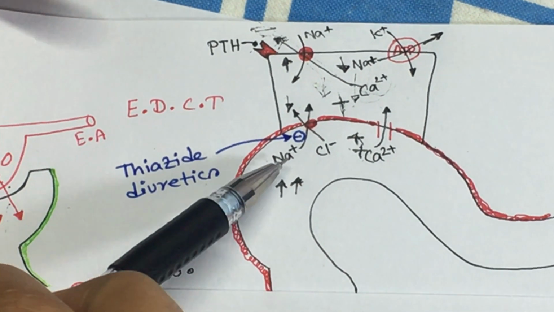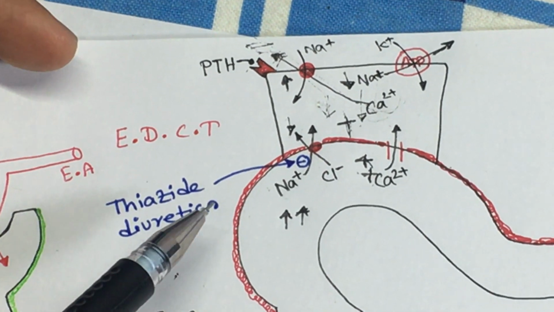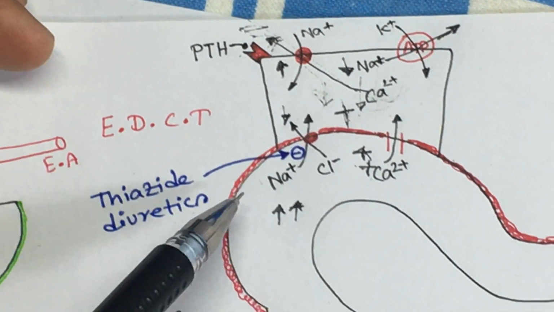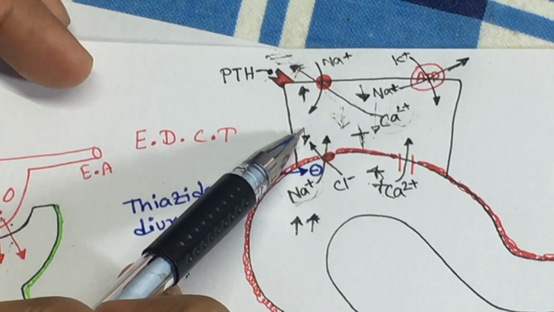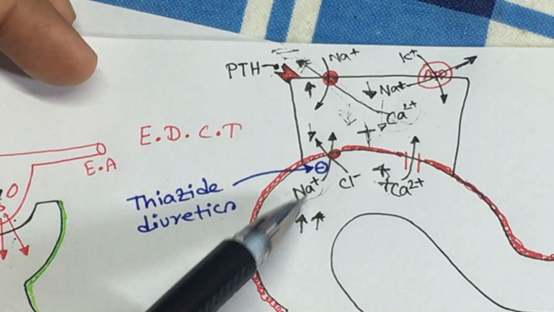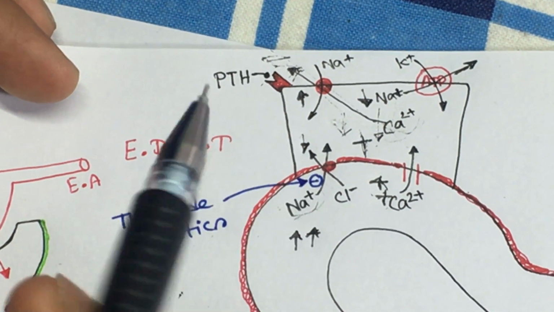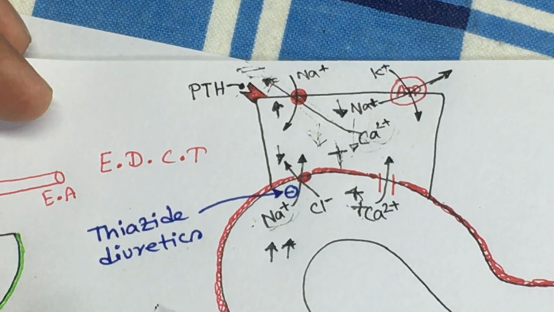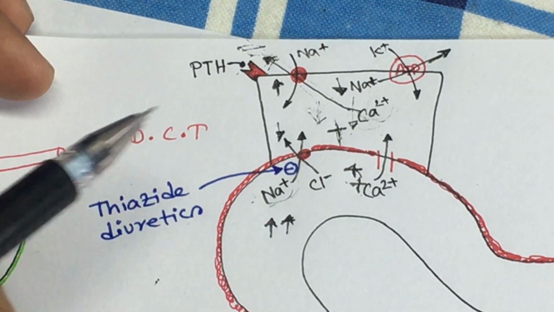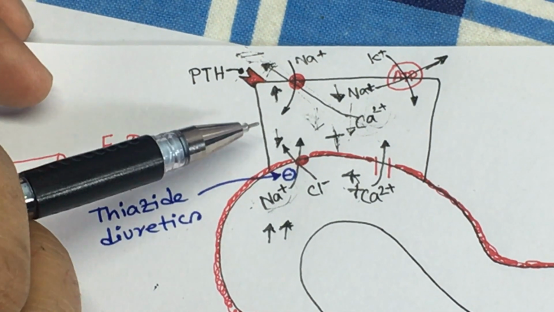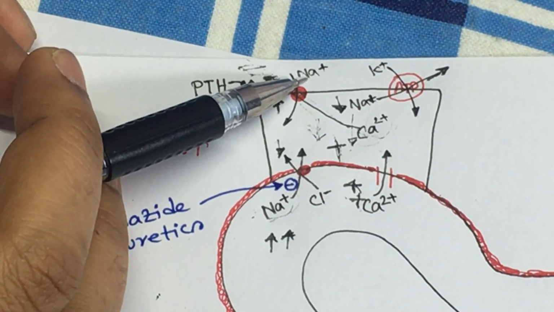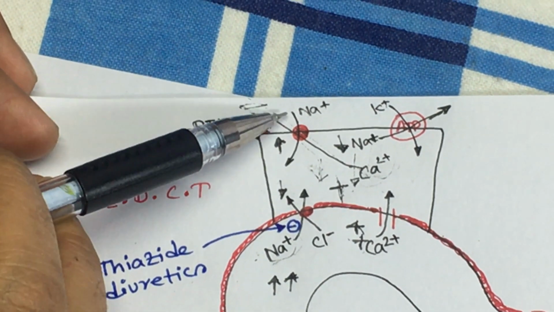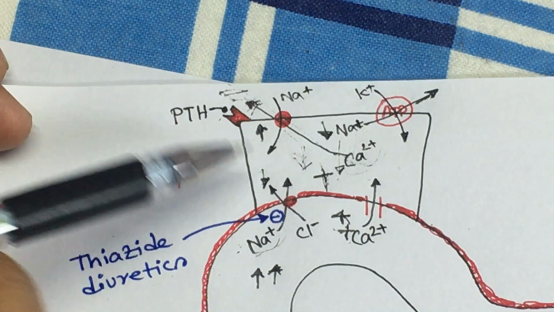So if we inhibit the cotransporter with thiazide diuretics, intracellular sodium level decreases because we are not reabsorbing sodium. The sodium calcium exchanger's activity will be increased because of the increased concentration gradient.